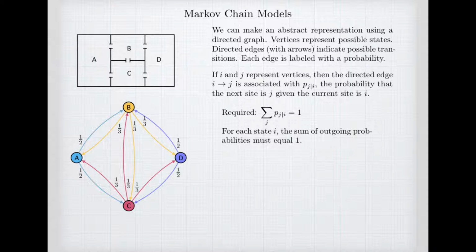Well, once I have all of those labeled, we could create a matrix and store the probabilities instead of a graph. And so this matrix, P, contains the same information as our directed graph. The first column corresponds to my vertex A, or state A. My second column is B, my third is C, and my fourth is D. And the rows correspond to the output vertex.